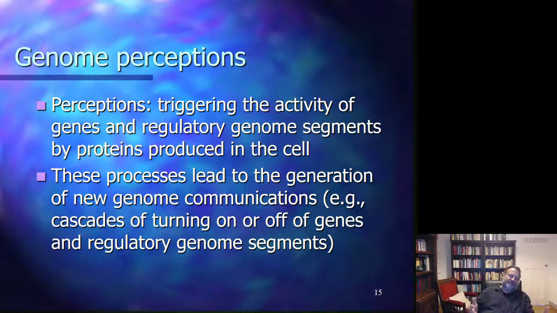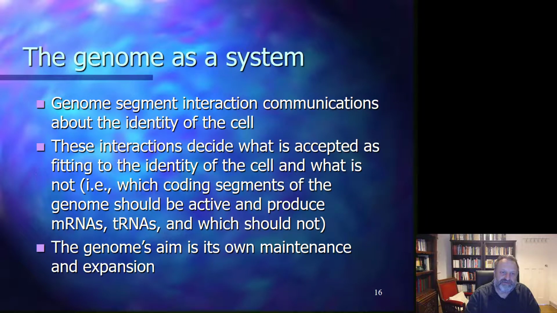So there is a difference between what was expected based on prior molecular interactions, and this represents a perception of the genome about its environment, which is the cell itself. Of course, this leads to new generation of new genome communications, which turn into the production of some RNA, protein encoding RNAs, and also may turn into the production of some other protein encoding RNAs.